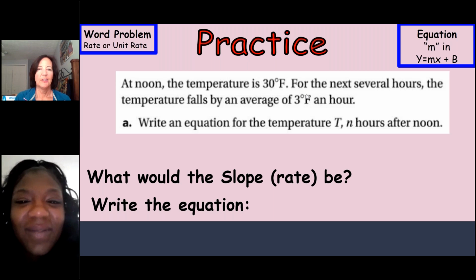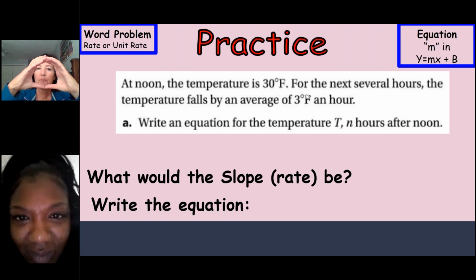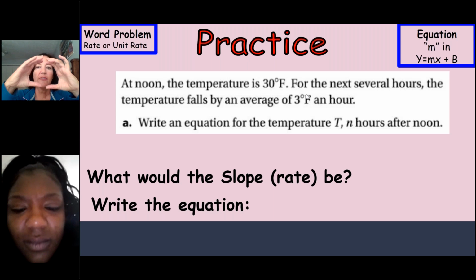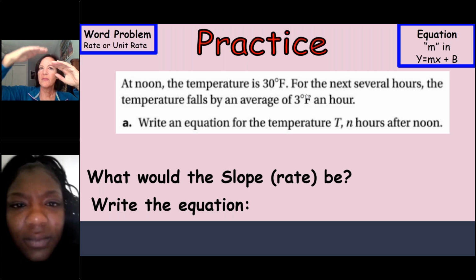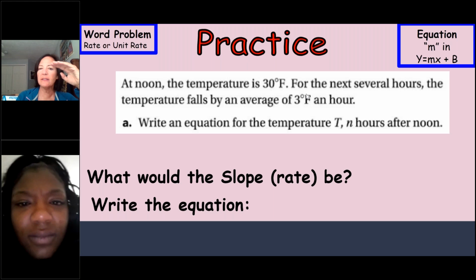Well, okay, it starts off at 30 degrees. If the slope is 3 degrees, then after an hour, the temperature will be 33 degrees, right? But the problem says the temperature isn't going up. The temperature is falling. So we need a number that means it's falling 3 degrees.